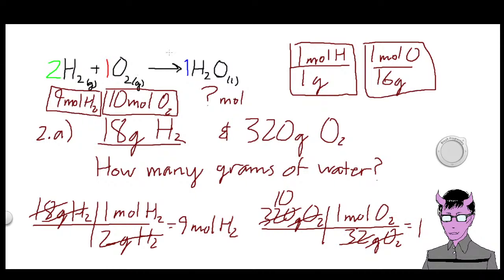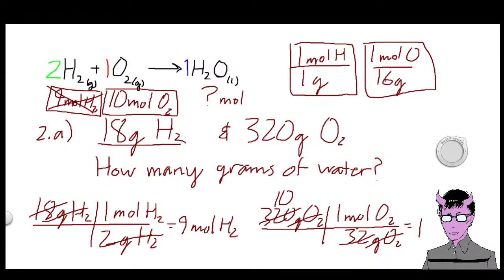We can now use the recipe right here. It's a 2-to-1 ratio, so intuitively you could see that 9 is kind of lacking for 10, because for every one of these you require 2. In order to use up all 10 moles of oxygen, you actually need 20 moles without doing the setup.